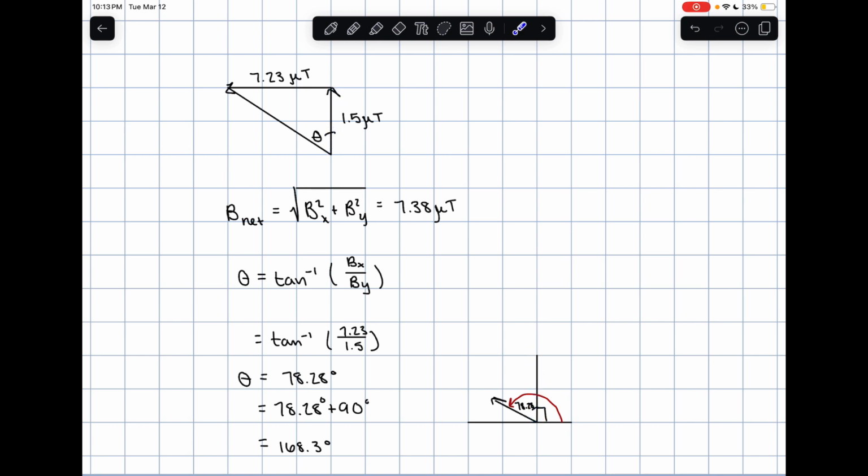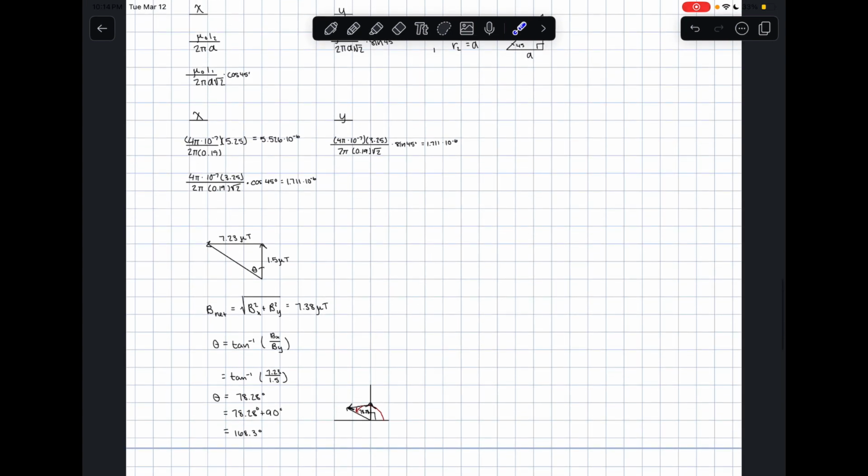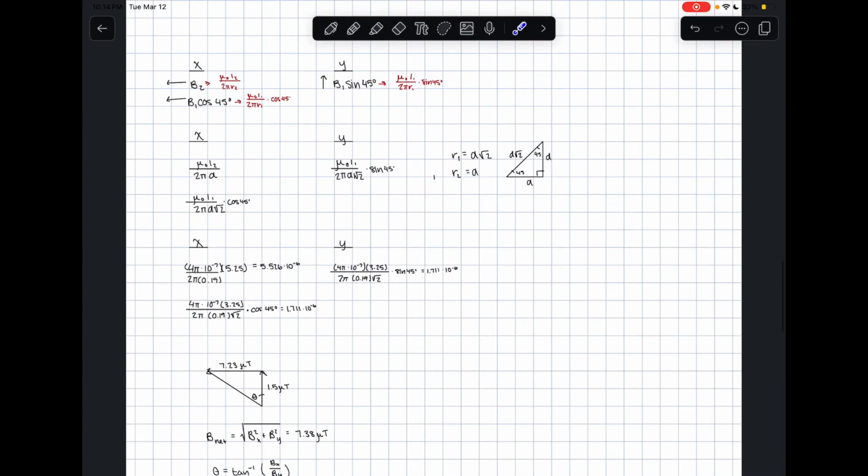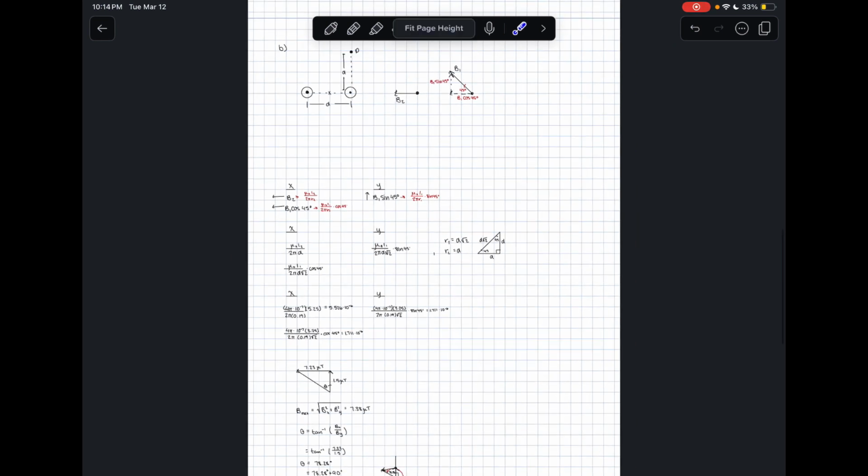So if we draw it on the diagram, we're going to be going up, and here will be our vectors, this side and this side. So we need to add 90 degrees to that 78.28 degrees to find the complete direction counterclockwise from the x-axis, which as a result we get 168.3 degrees.